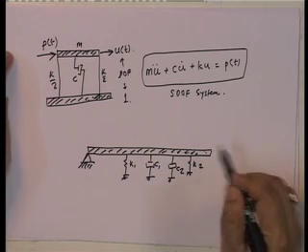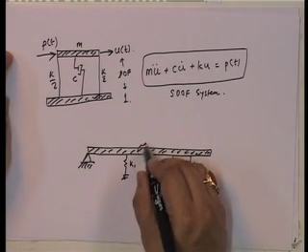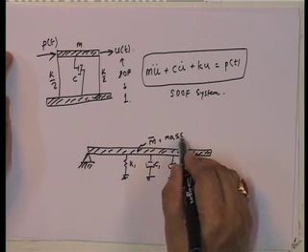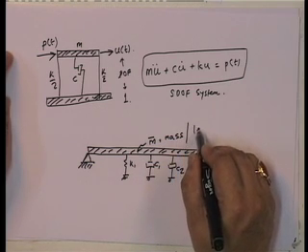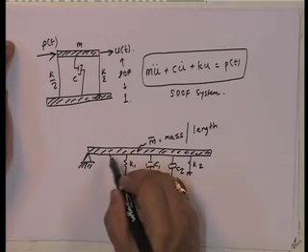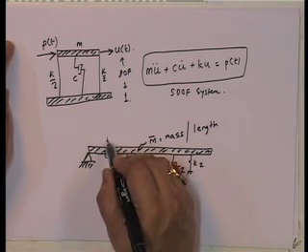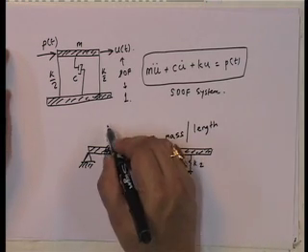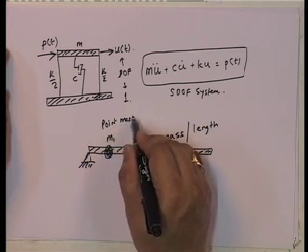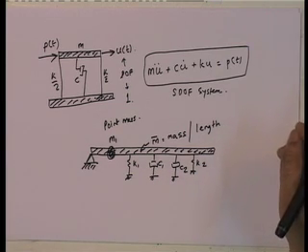I am just randomly putting some. This bar has m bar as the mass per unit length, and then let me put some point mass. Okay.